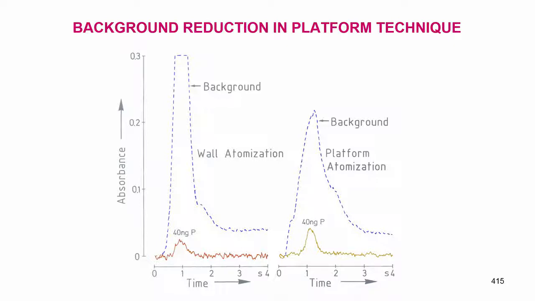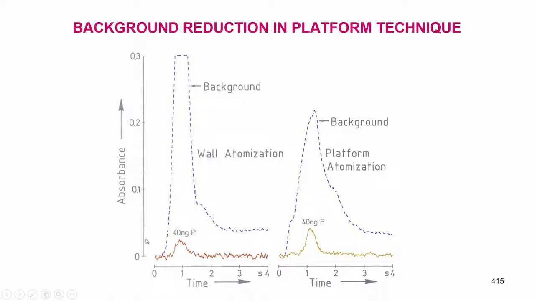Now, this is how background reduction occurs in the platform technique. Look at this. I am trying to determine 40 nanograms of phosphorus. This is the signal peak. But if I plot the background also, you can see the background is so high, it crosses even 0.3 absorbance, whereas the 40 nanograms of phosphorus sample is less than 0.01 absorbance here.